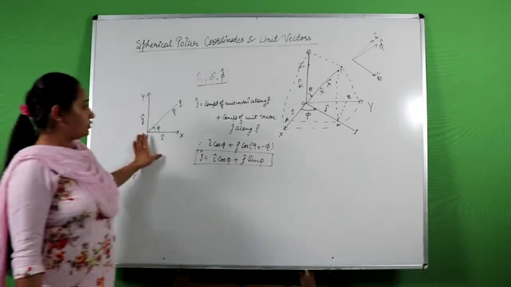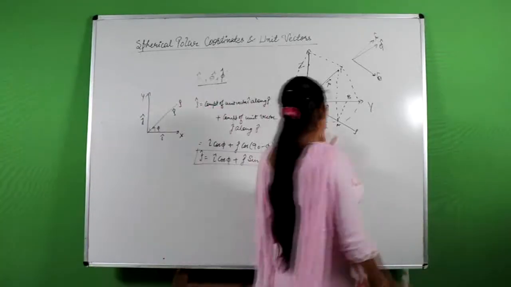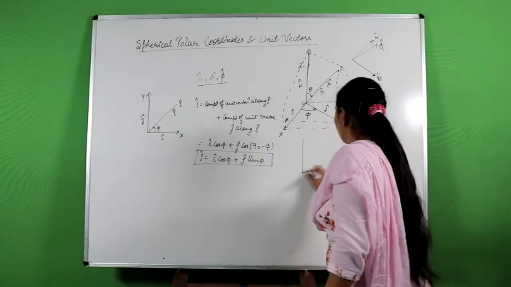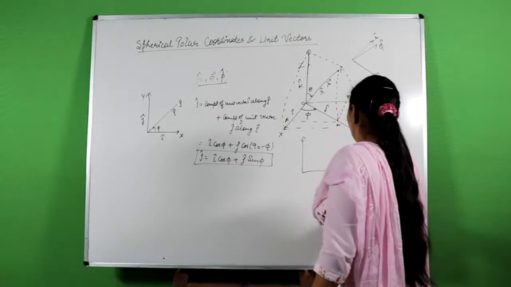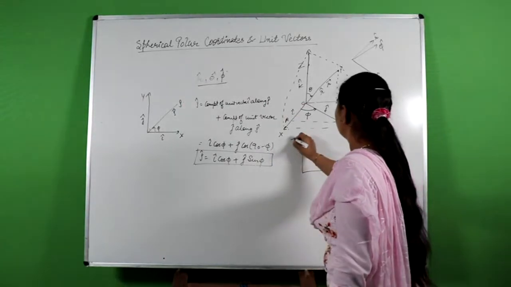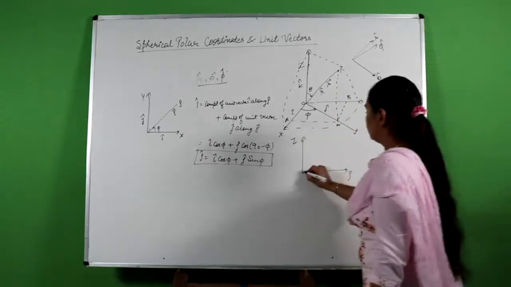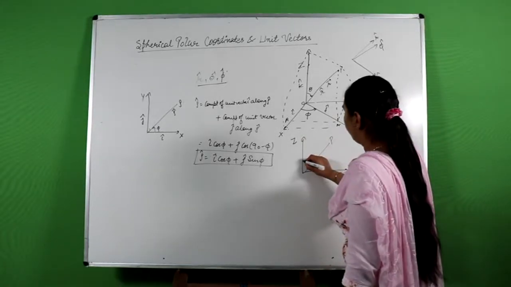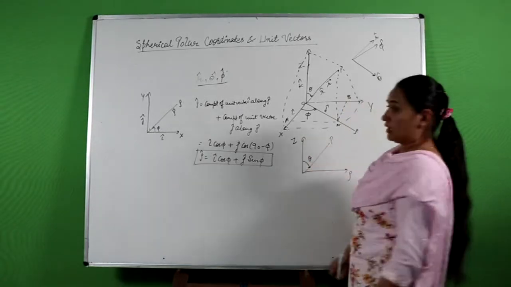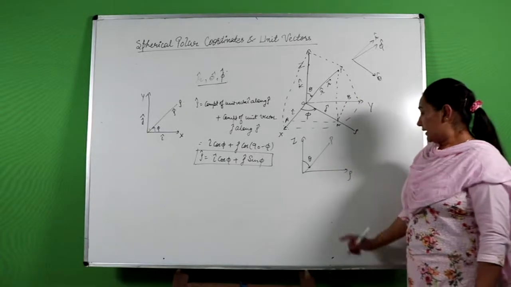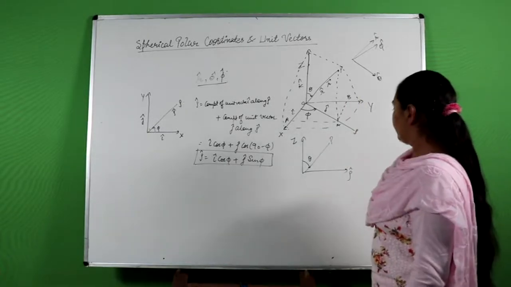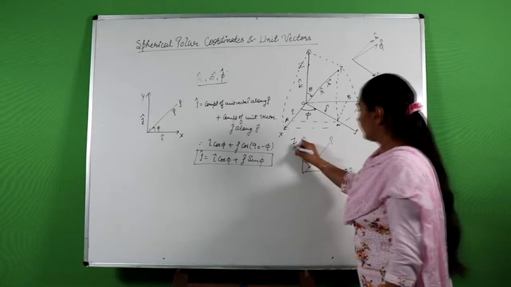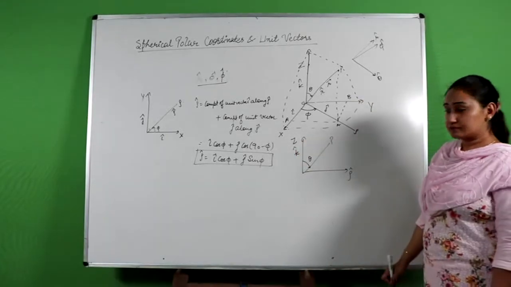Now let us move on to another plane, that is my z-rho plane. This is rho, this is z. Suppose this is my point P making an angle theta. I can clearly see here my unit vector is rho cap, and here the unit vector is k cap.